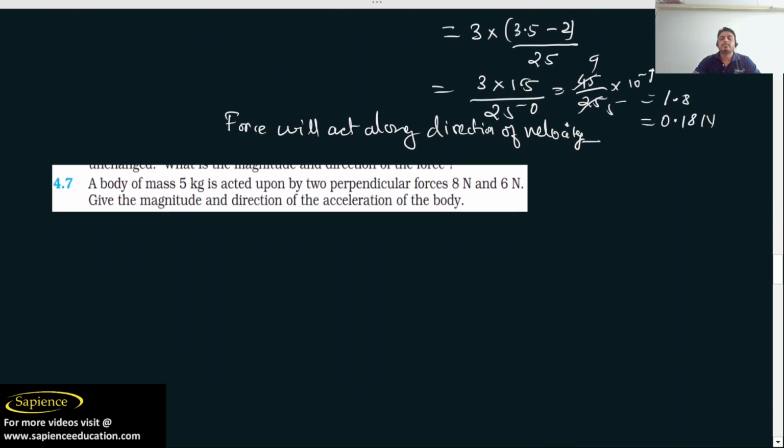Now question number 4.7, a body of mass 5 kg is acted upon by two perpendicular forces. Suppose there is a body and two perpendicular forces act, 8 Newton and 6 Newton.